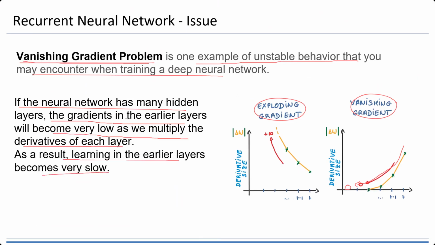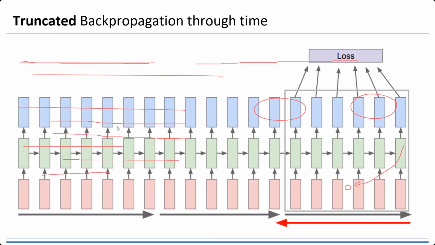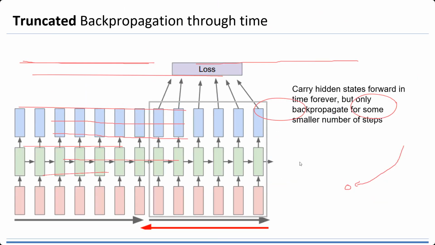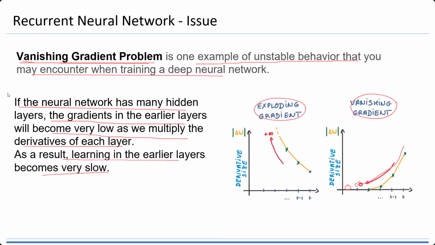So if we have many layers, layer 1, layer 2, layer 3, 4, 5, 6, 7, 8, 9, 10, 11, and so on, then of course it will cause the vanishing gradient problem, because the very low value will make the running time longer.